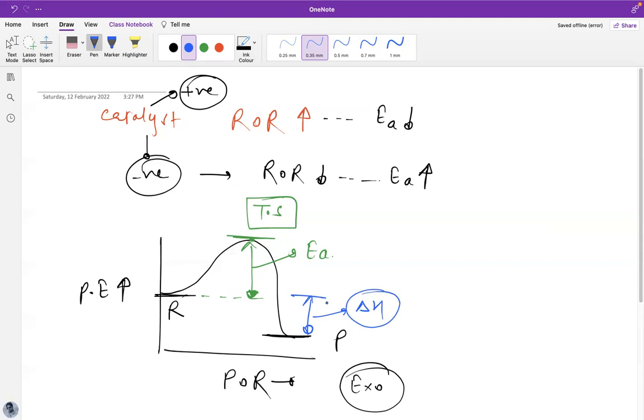Please tell me. Any doubt about the activation energy concept? Yeah, blue is your enthalpy, that is delta H. Enthalpy means heat of the reaction. Okay.